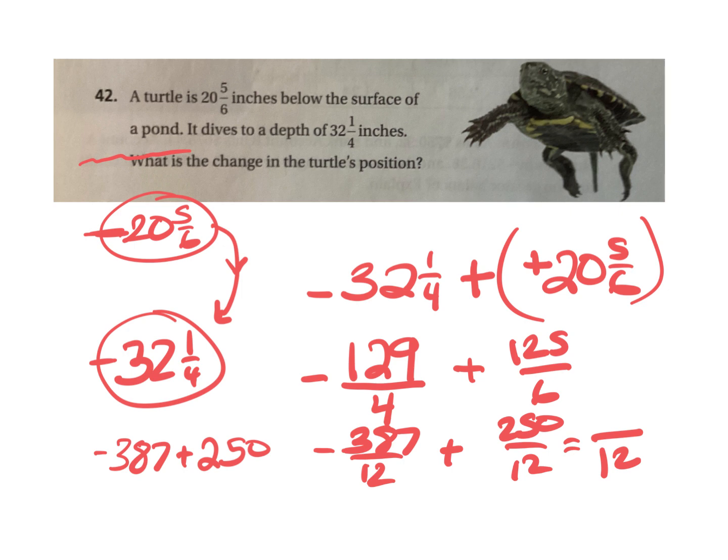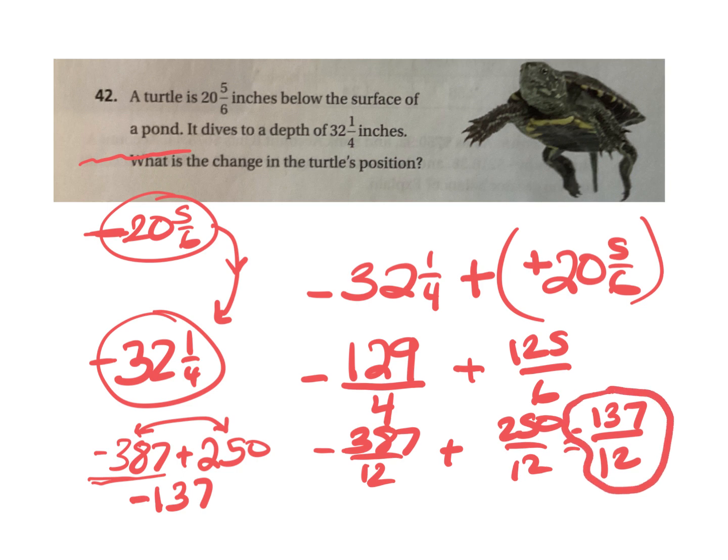And I got to find the difference of the absolute value of these two. What the difference of that is 137. And the absolute value is greater here, so it's a negative 137. So I have a negative 137 over 12. That is the answer when it's not put into a mixed number. So let's put it into a mixed number.